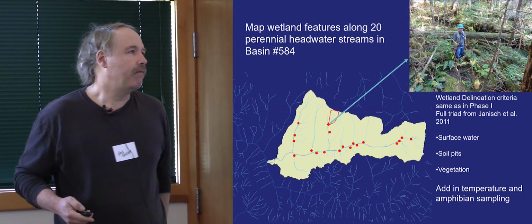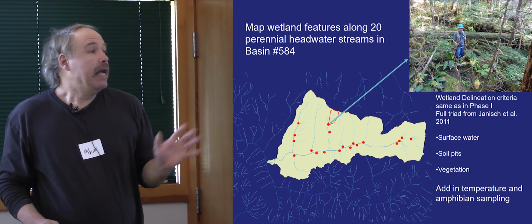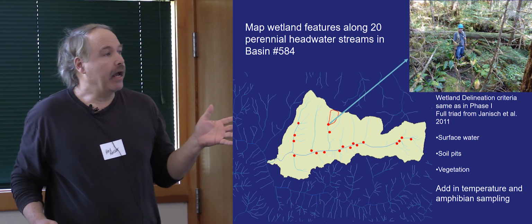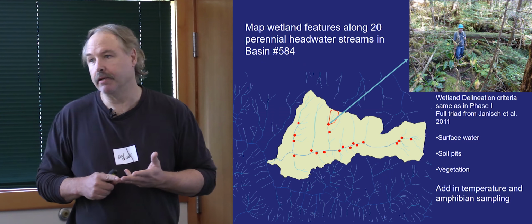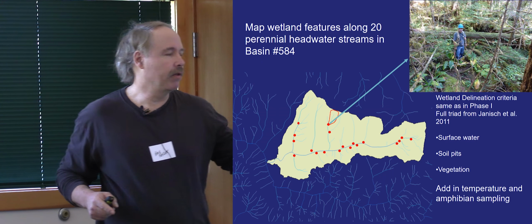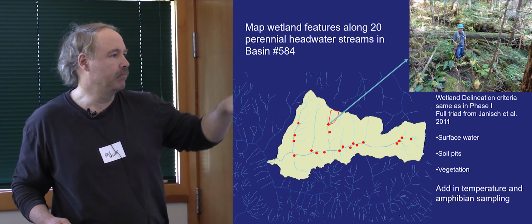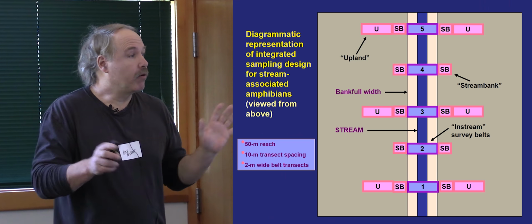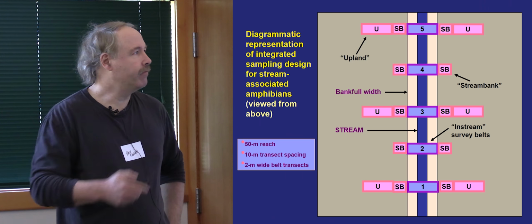So anyway, 584, it works with us. What we're going to do out there is the same procedure as we did in phase 1, looking at surface hydrology, soil pits, and wetland indicator plants. But we're also going to put some temperature loggers out there as well in the lower portion of the streams. But before we do any mapping out there, we're going to survey for amphibians.